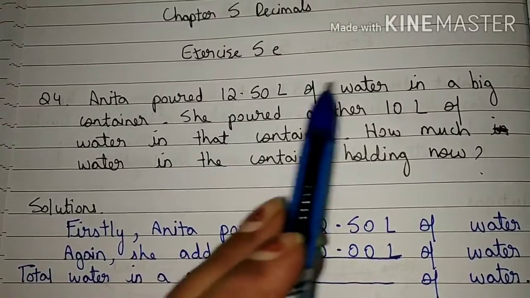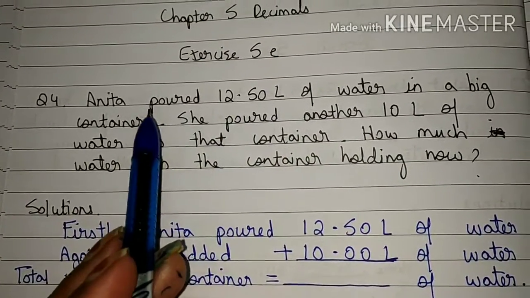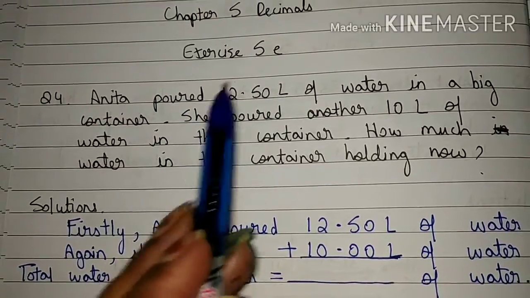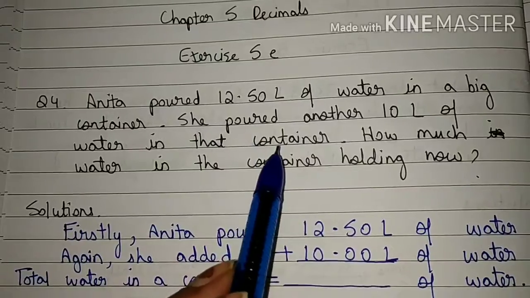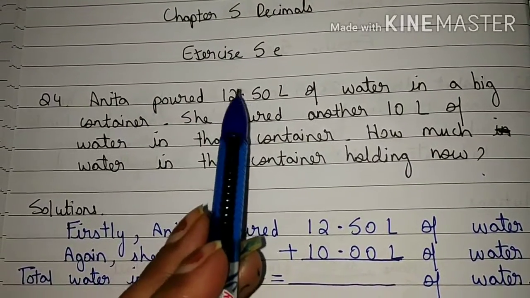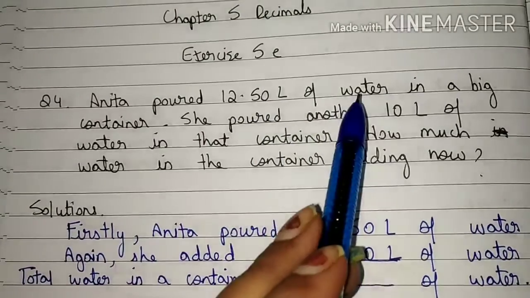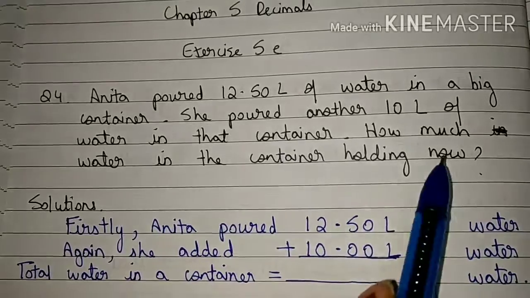She poured another 10 liter of water in that container. After that, Anita also added another 10 liter of water in that container in which firstly she added 12.50 liter of water. How much water is the container holding now?